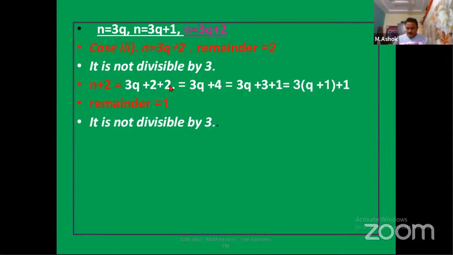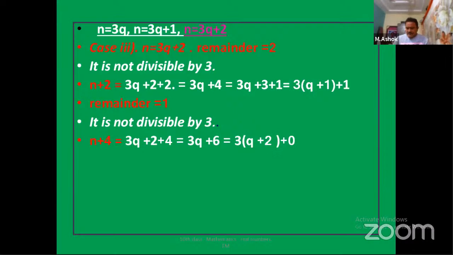So you have to find one more, that is n plus 4. What is n value? 3q plus 2. Plus 4 means we are adding. Now it becomes 3q plus 6. Take 3 common in these two. You will get 3 into q plus 2, and the remainder is 0.